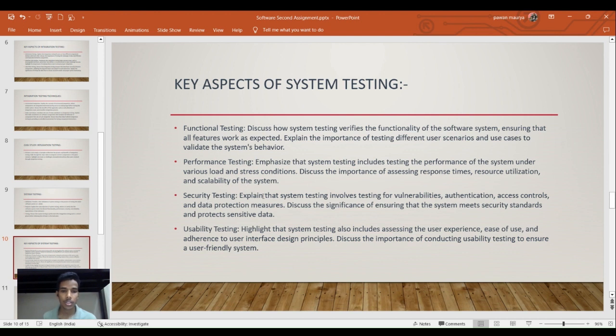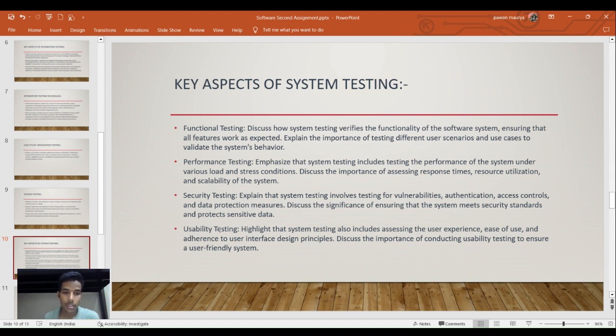Security testing: explain that system testing involves testing for vulnerabilities, authentication, access controls, and data protection measures. Discuss the significance of ensuring that the system meets security standards and protects sensitive data.